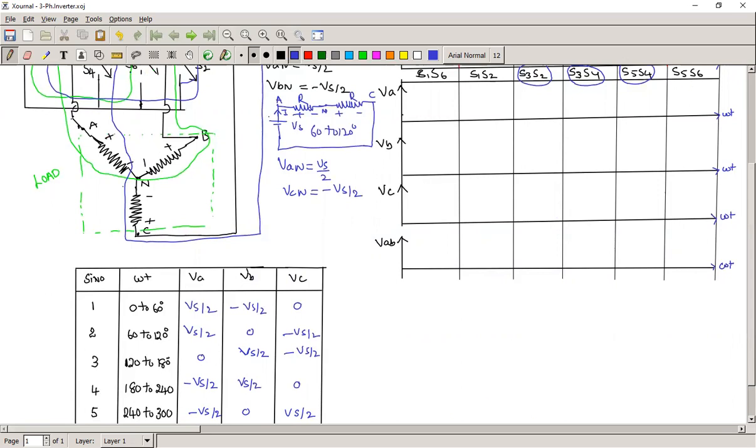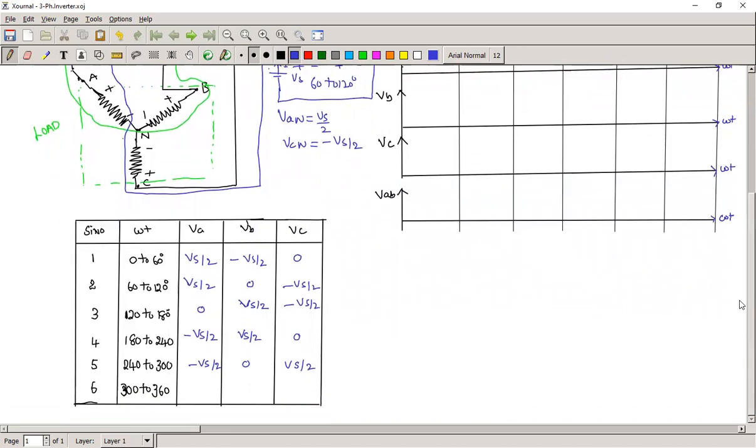S6 is nothing but this switch. B phase is negative, so here Vs by 2, B phase is negative voltage and A phase is 0.